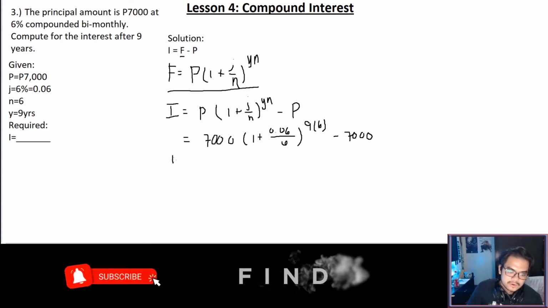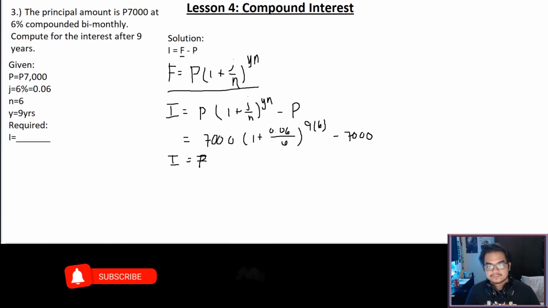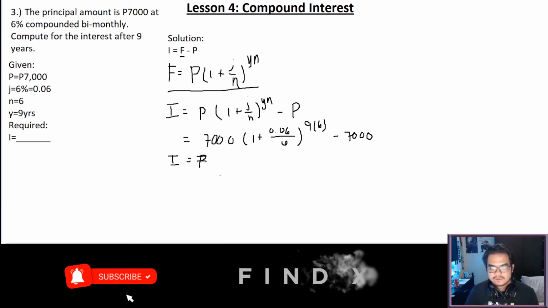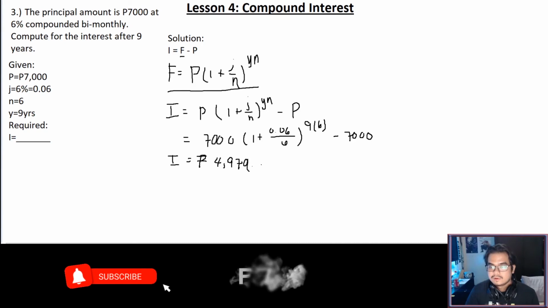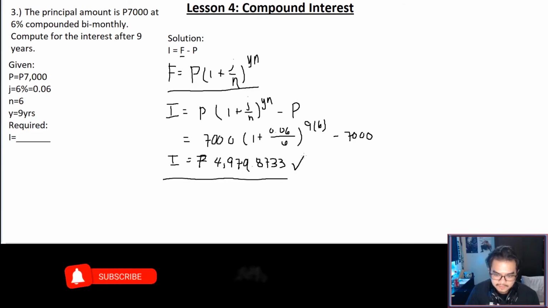Therefore, the value for I will be 4979.06, then 8733.87. So that will be the interest.